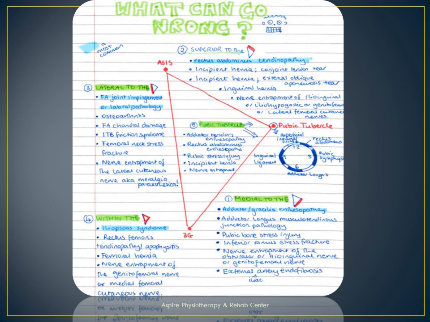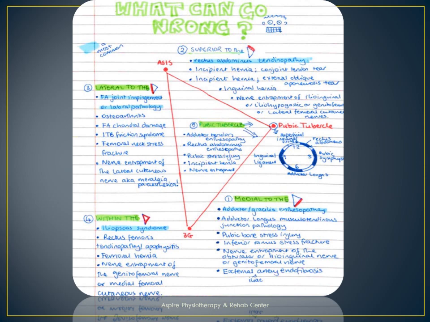You can see one circle. Okay, this circle is around your pubic tubercle. If you see the pubic tubercle as a clock, okay, so when the patient is complaining of 12 to 1 o'clock pain, you can associate that with your rectus abdominis. When the patient is complaining of 3 o'clock side pain, you can associate it with the pubic symphysis.